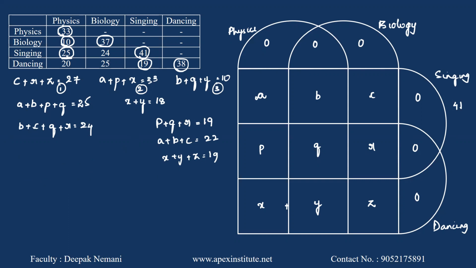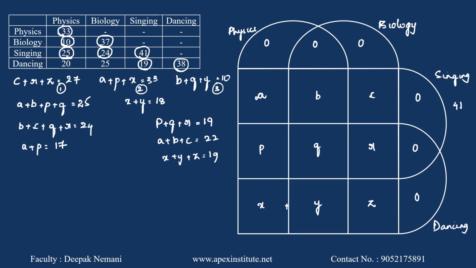Now B plus C plus Q plus R is equal to 24. Now where can we substitute that? From that we can say that A plus B will be equal to 41 minus 24, 17. So we have used this.